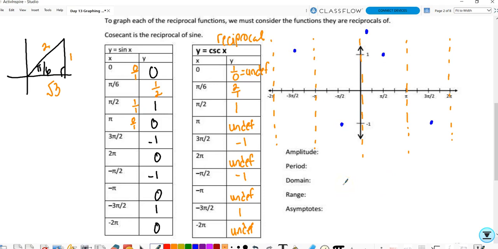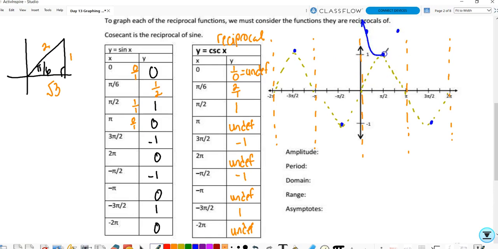And I don't want you to draw this. I just want you to watch for a minute. If I sketch the sine function, I want you to see what happens. So there's our sine function. If I take this curve and flip it out, here's that 1/2 that became 2. So here's another 1/2 that becomes 2.